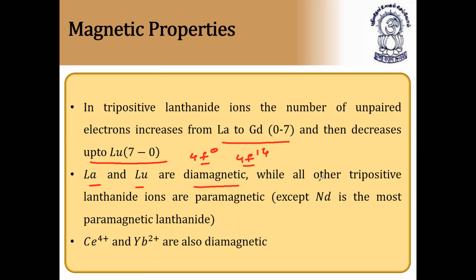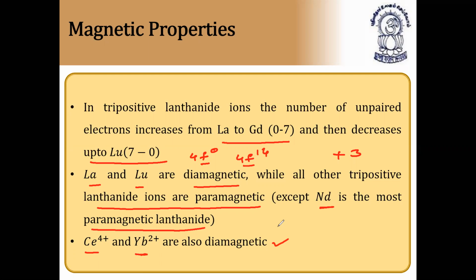Other tripositive lanthanide ions are paramagnetic. Tripositive means +3 state. Neodymium is the most paramagnetic lanthanide. Cerium +4 and ytterbium +2 are also diamagnetic. So if they ask about paramagnetic or diamagnetic, simply find the unpaired electrons.